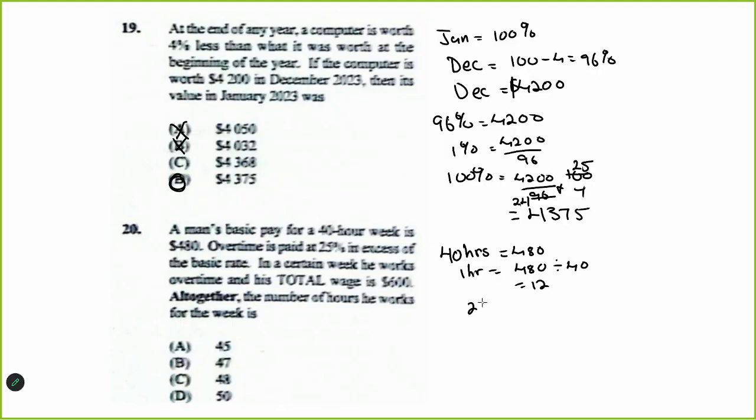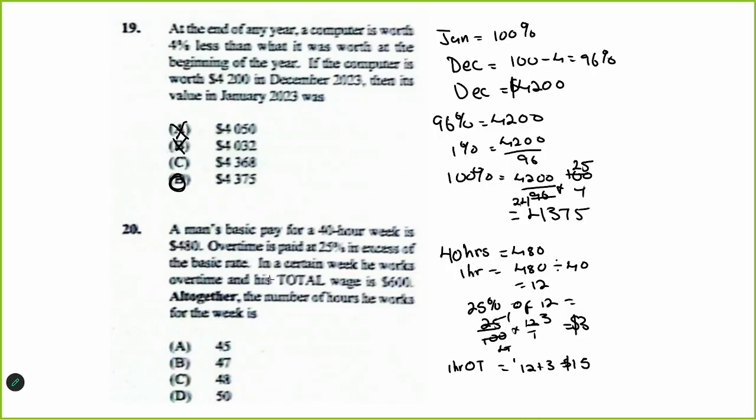So we can find 25% of $12, which is 25 over 100 multiplied by 12 over 1, which is $3. So his overtime for 1 hour would be 12 plus 3, which equals $15.